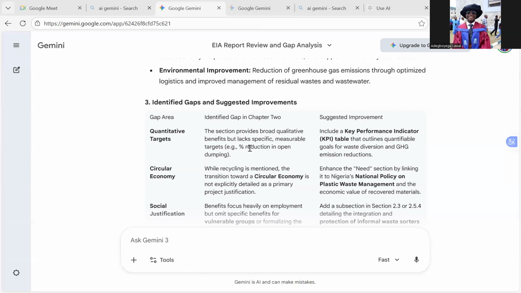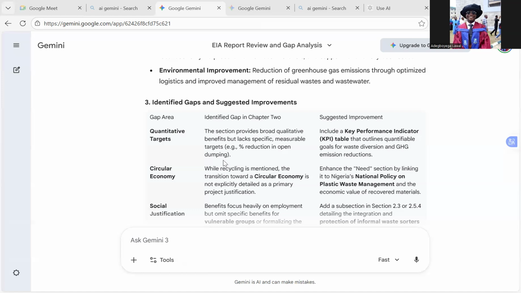Example, percentage reduction in open dumping. Maybe that information can be gotten from the National Bureau of Statistics, NBS, so we can ask them to include quantitative targets so that we can justify the need of the project quantitatively. So we need them to get it from the National Bureau of Statistics.